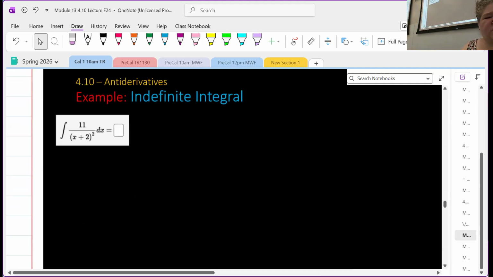All right, now this one's weird. So 11 divided by x plus 2 squared. Looking at that, that's a quotient. And I said earlier, we don't do quotients. So the first thing is rewriting this so it's no longer a quotient.